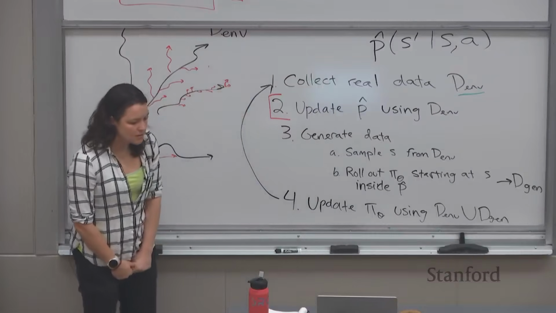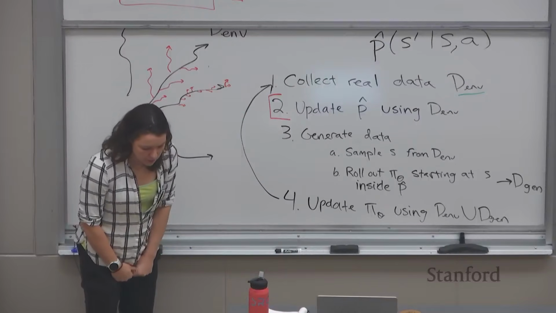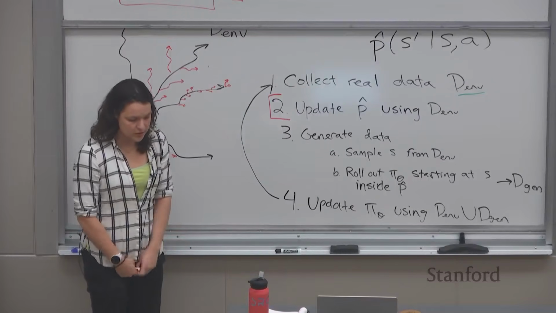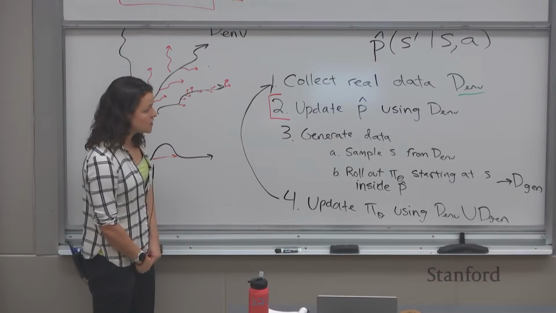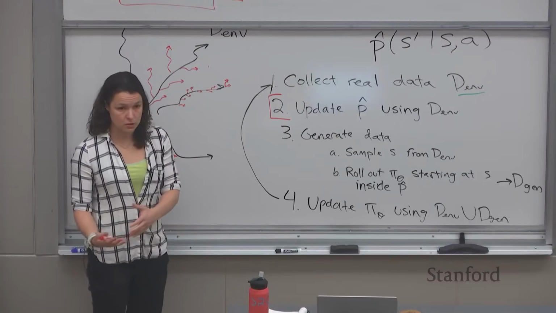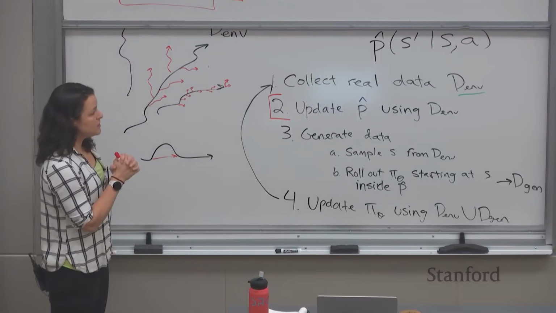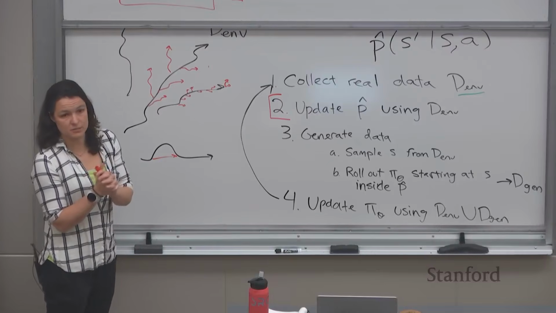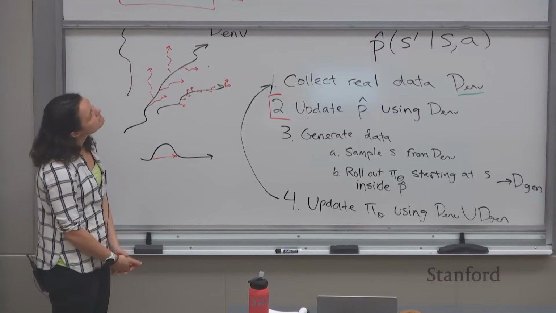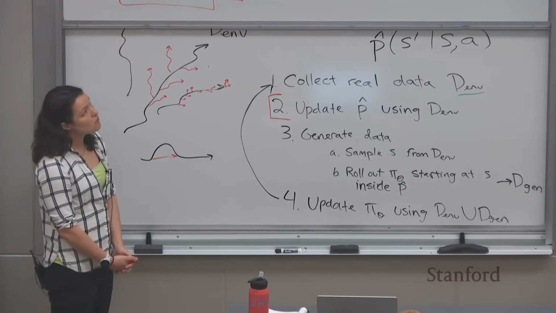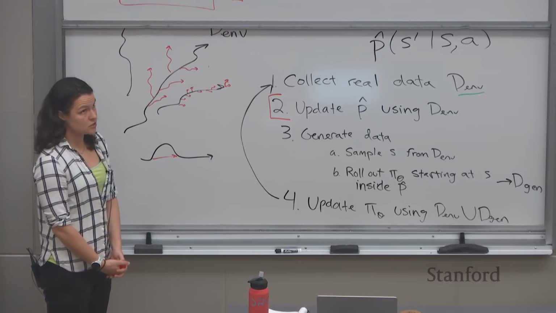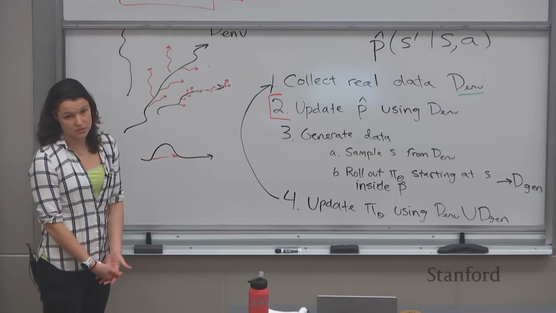Yeah, so the question is, if you use data that doesn't have rewards as part of your model training, is there going to be a mismatch between the accuracy of predicting next states and predicting rewards? There certainly could be a mismatch like that. Generally, rewards are a bit easier to learn to predict than future states.